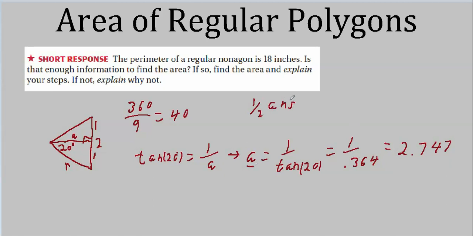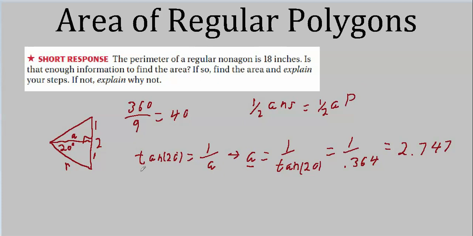But this is just the perimeter, isn't it? So the 1/2 A times P, because they gave us P, so what the heck, let's cut down one calculation, even though 2 times 9 ain't much of a calculation.